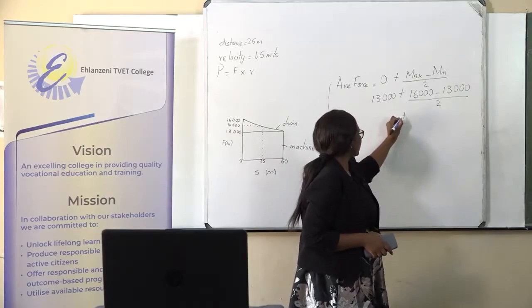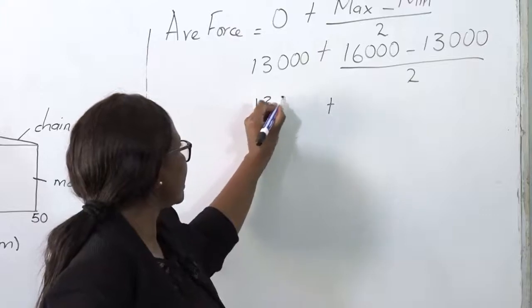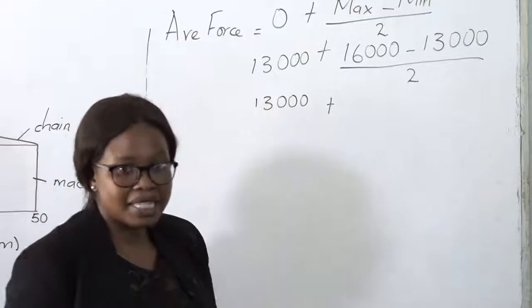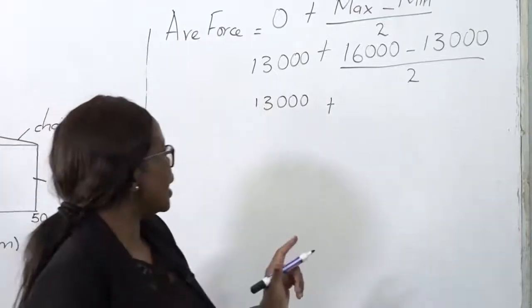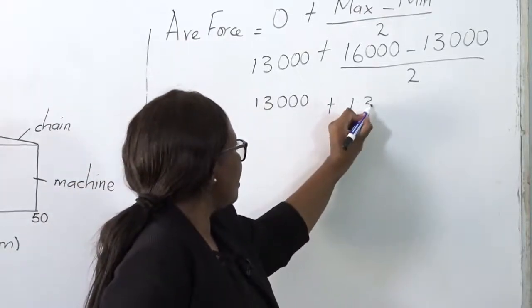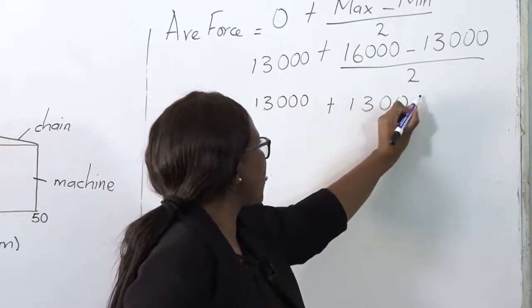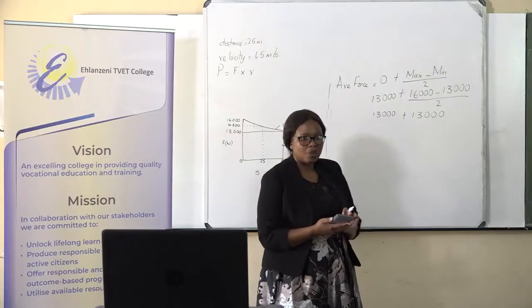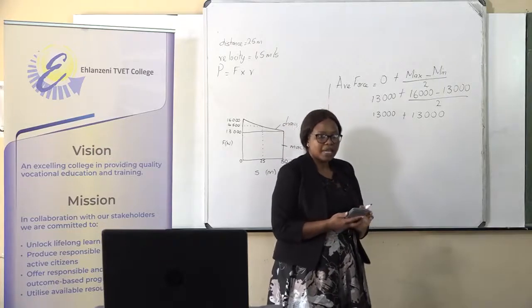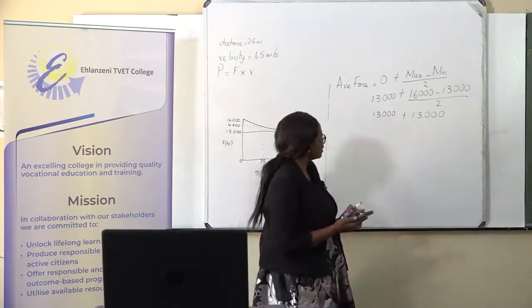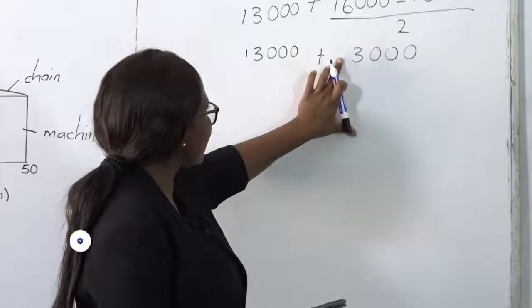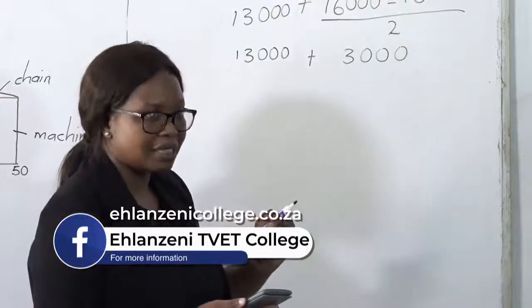Here we are going to say, bring it down, 13,000. 16,000 minus 13,000. Let's punch it. We get 3,000.